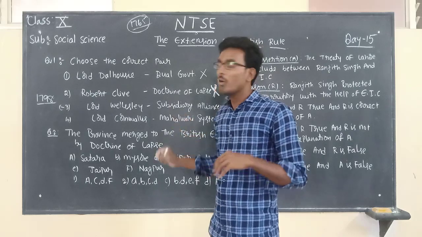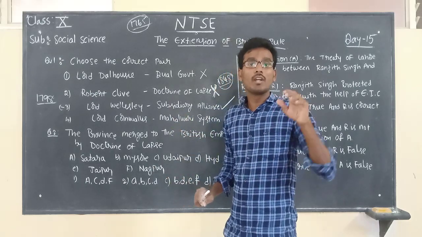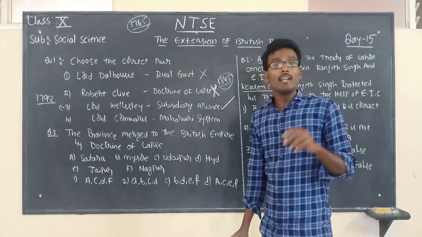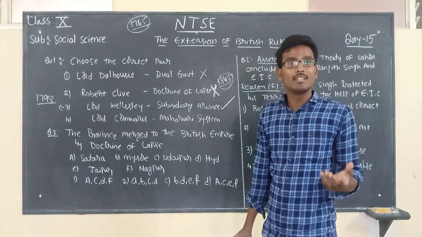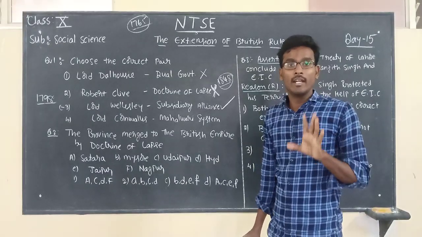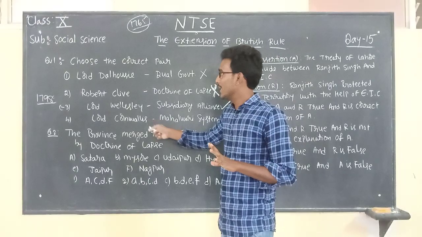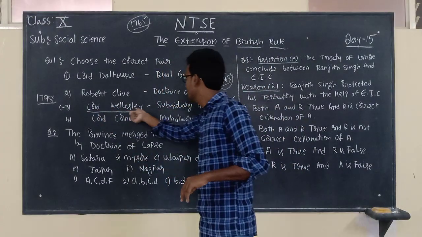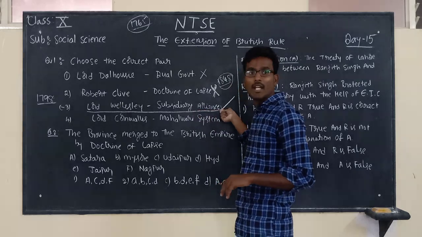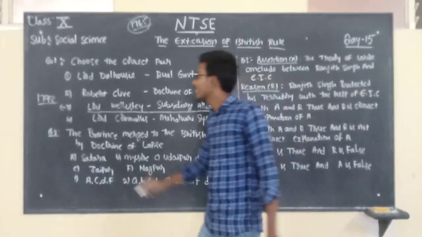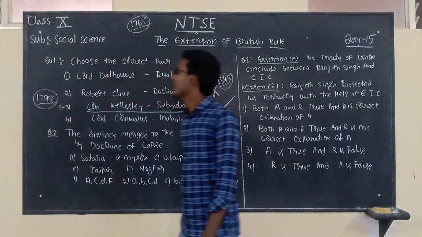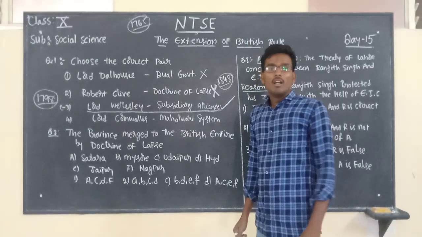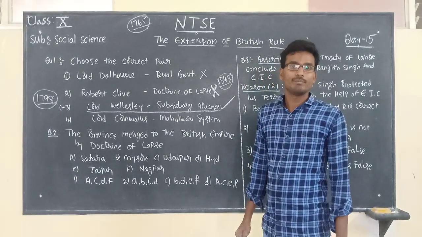Whenever you are going through the information, you must recollect the years in which those policies were introduced in India. So what is the right answer for question number 1, children? That is Lord Wellesley, subsidiary alliance, in the year 1798.